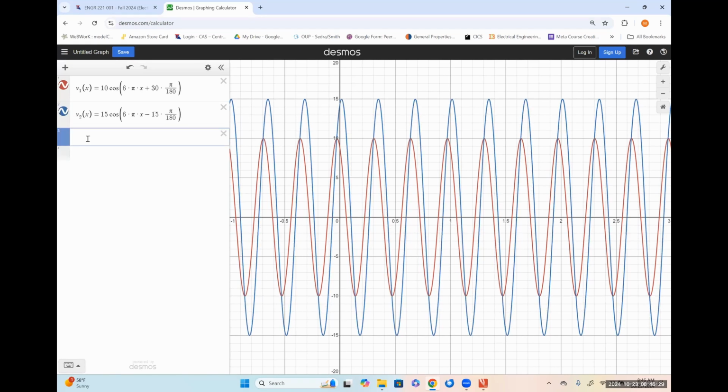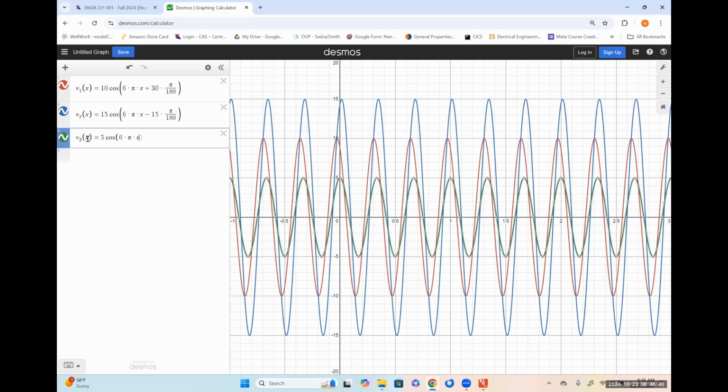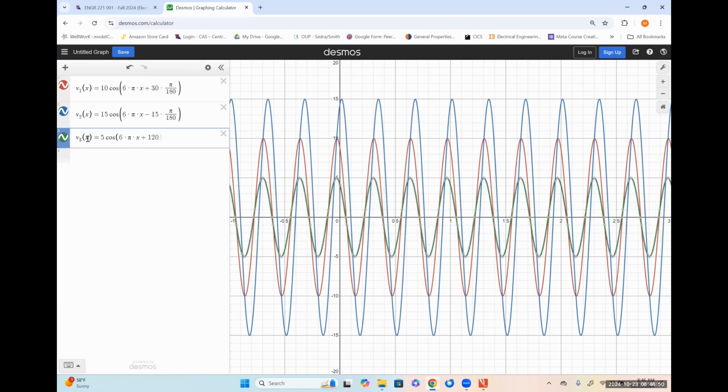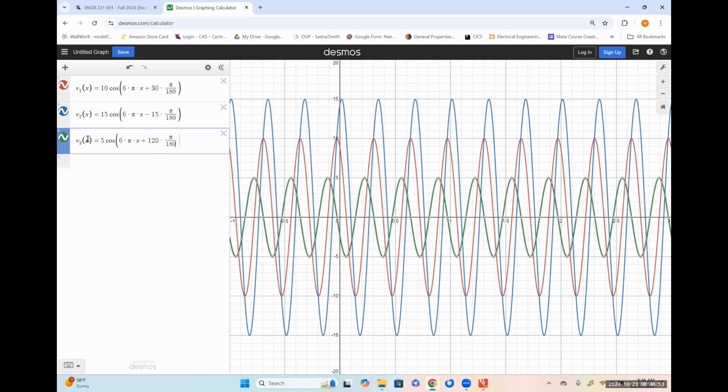And then let's see if the color for this one shows up as green. V3 of x was 5 cosine 6 pi t x plus 120. All right, so these are our 3 graphs.